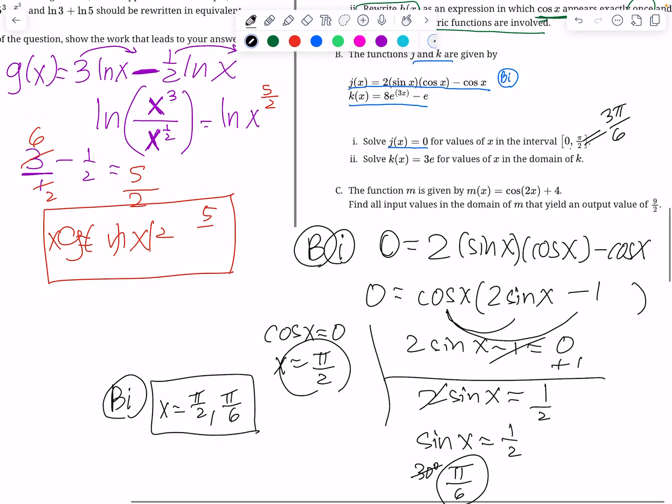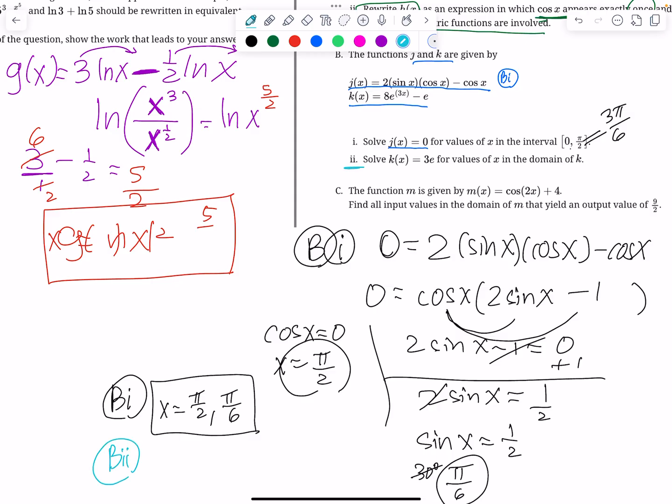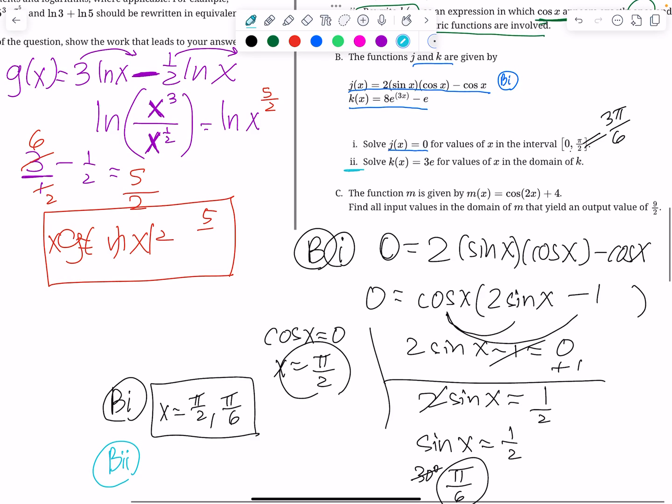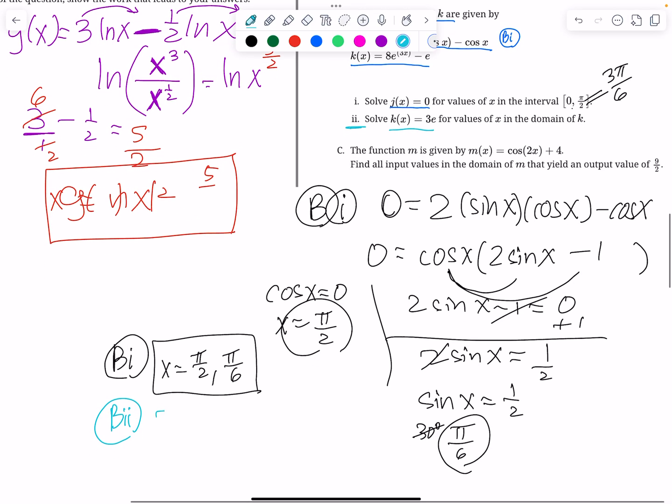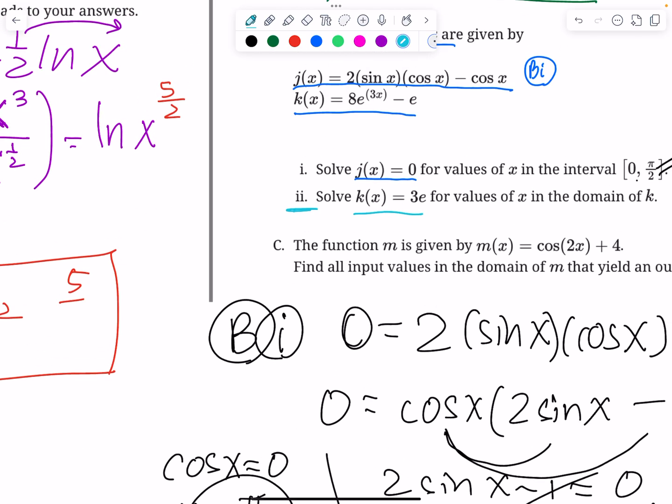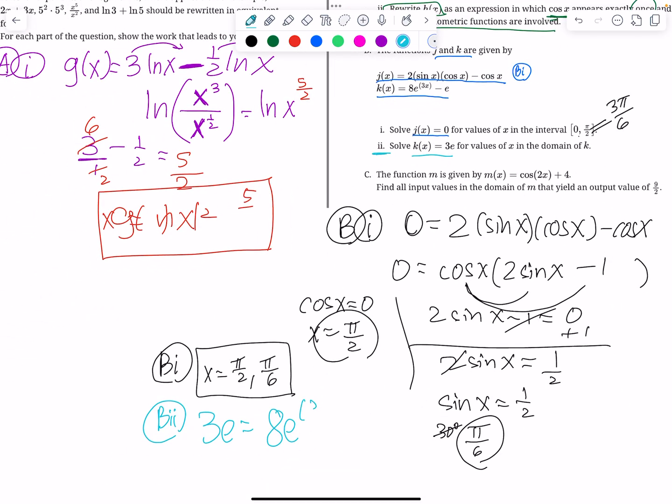Okay, so now let's look at B Roman numeral 2, this one. We're doing pretty much the same idea, but this time we're going to set k of x to be 3e. So 3e equals 8e to the 3x minus e for values of x in the domain of k.